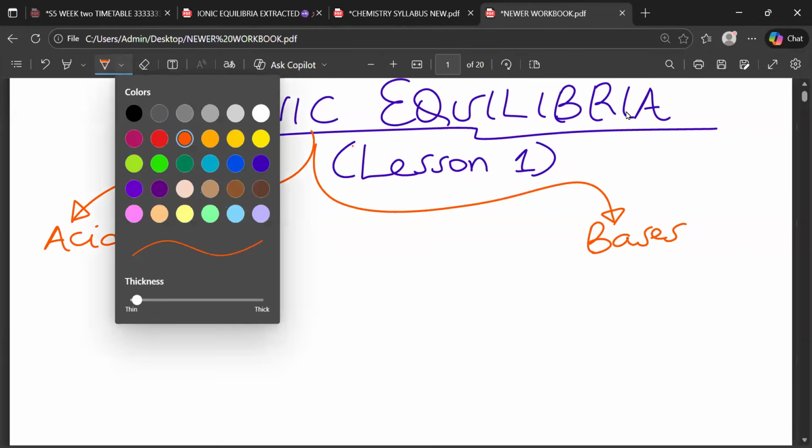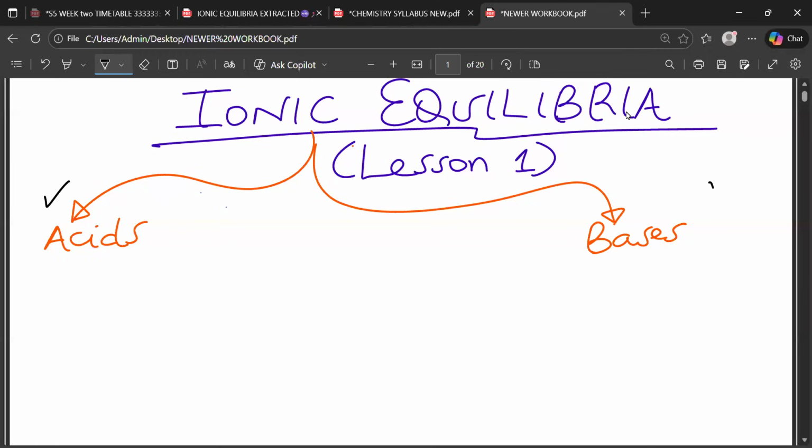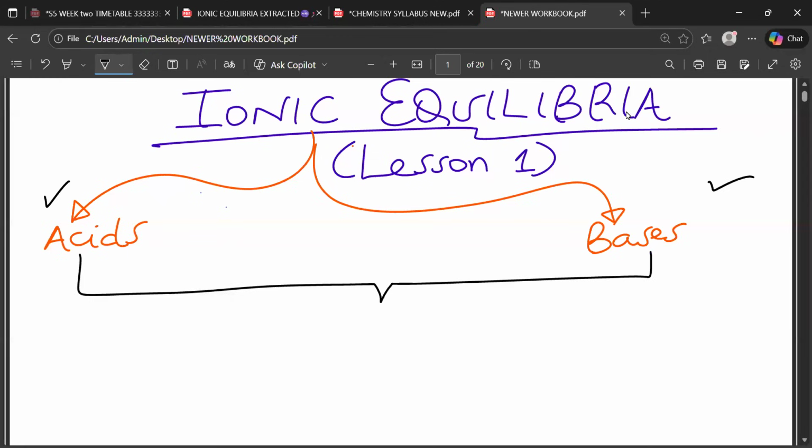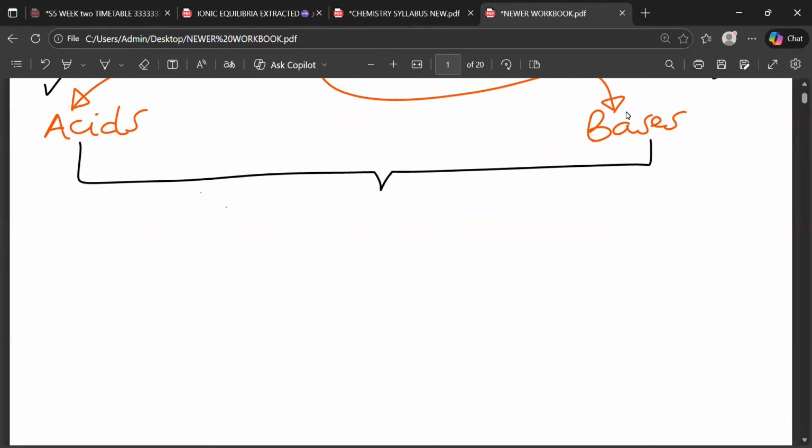You all know that the other part, salts, is just their hydrolysis, and it's an independent topic. So these two have lesson targets in common. We cover the same things here.